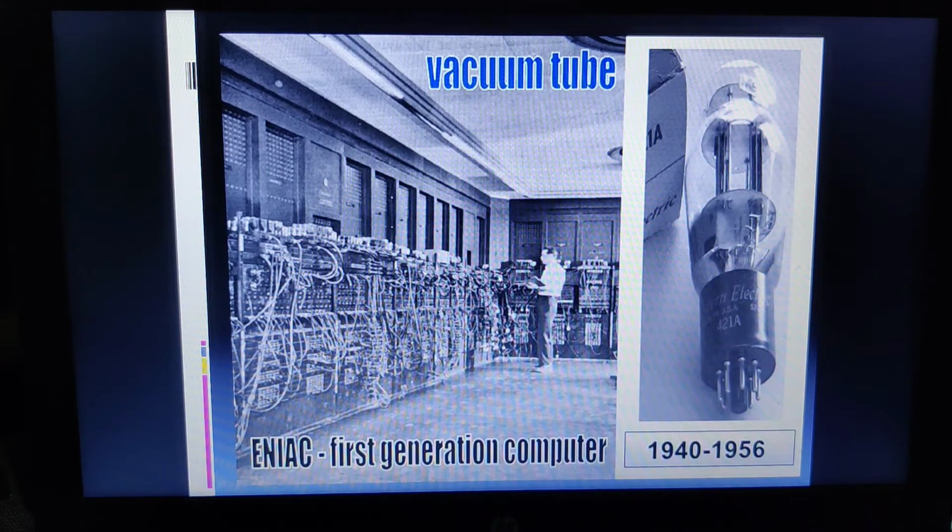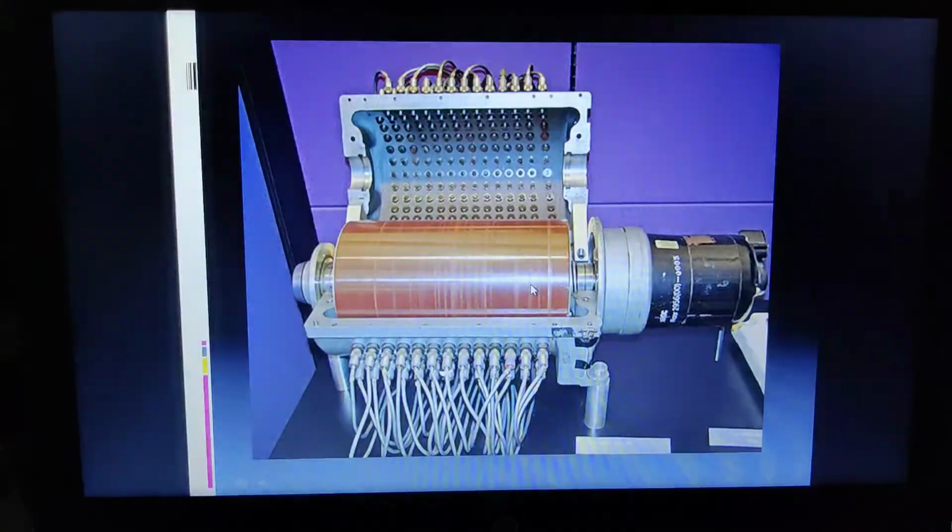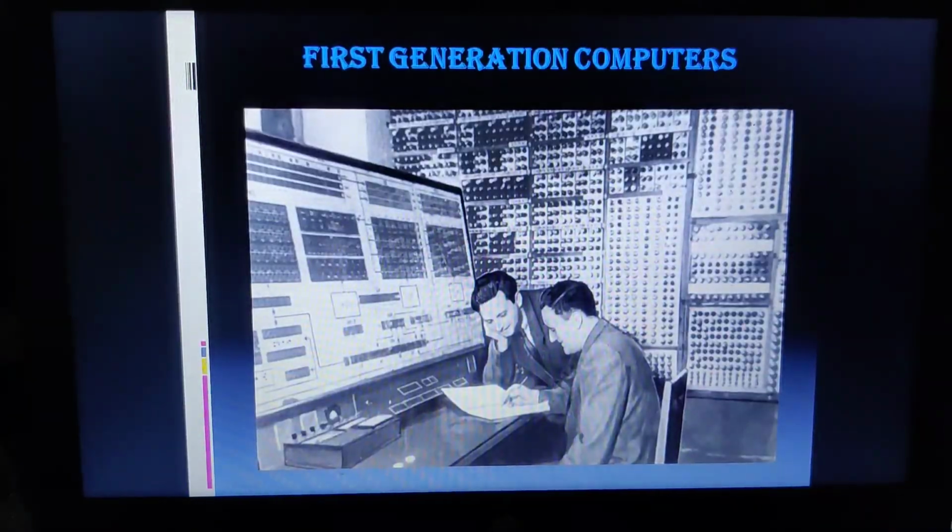ENIAC stands for Electrical Numerical Integrator and Computer. This computer was developed by John W. Mauchly and J. Presper Eckert.